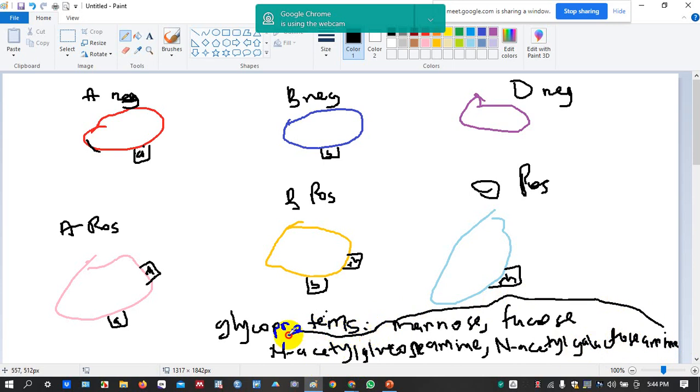These are glycoproteins on the surface of red blood cells, and that is what gives them their antigenic determinants. That makes one blood group different from another. That is what gives them the different antigen epitopes. Antigen is the same as epitope.